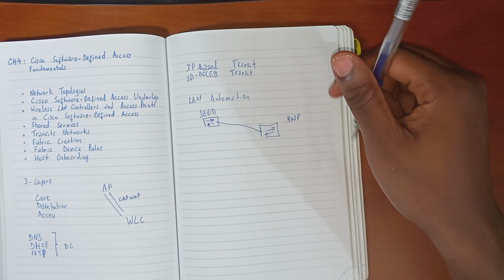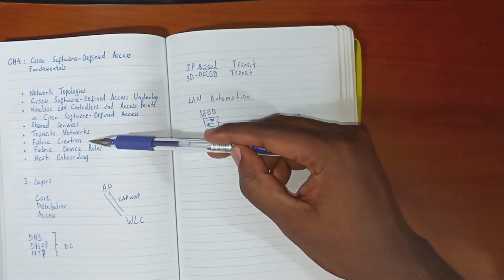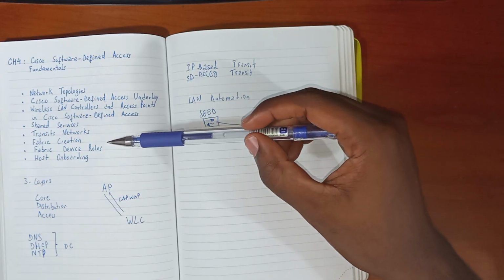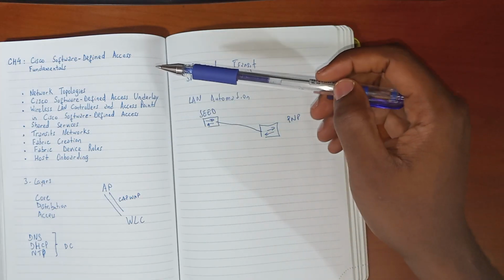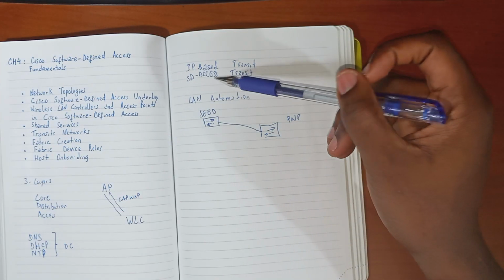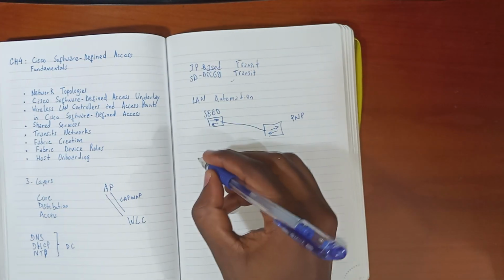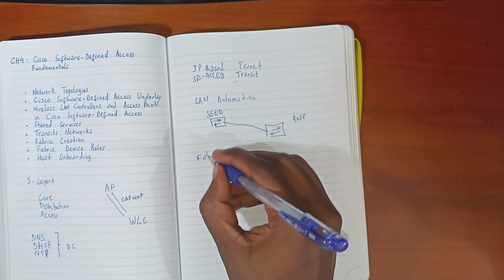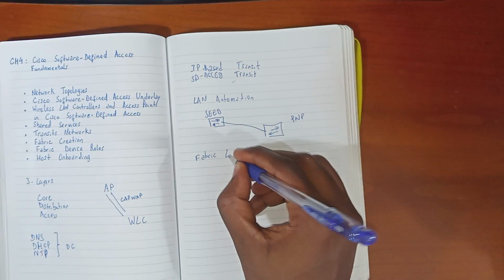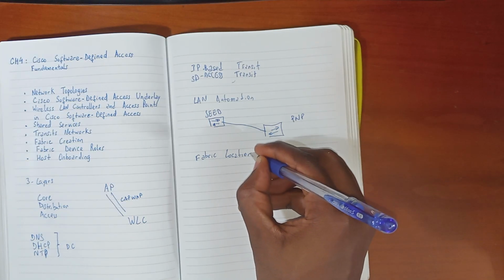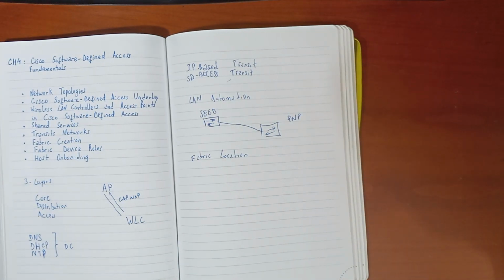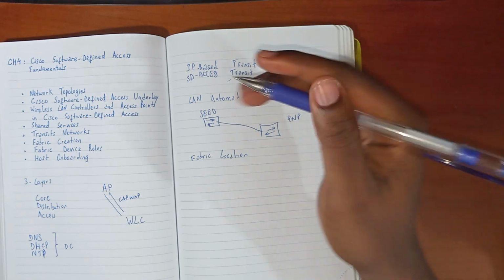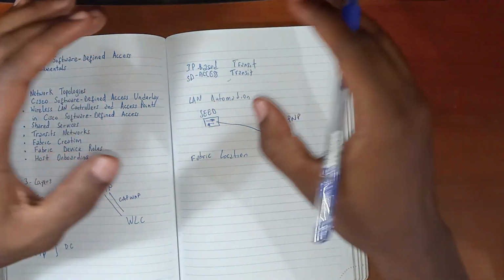integrated. Then we have the fabric creation. There are some things that we must take in consideration when we are doing the fabric creation. The first thing is the fabric location. You know that we talked about it in the last chapter that normally when we create a fabric, we must do a design of our network.